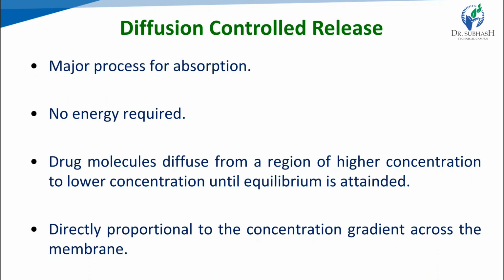It is a major process for absorption, and no energy is required for diffusion. Drug molecules diffuse from the region of higher concentration to lower concentration until equilibrium is attained, based on their concentration gradient. So the rate is directly proportional to the concentration gradient across the membrane.